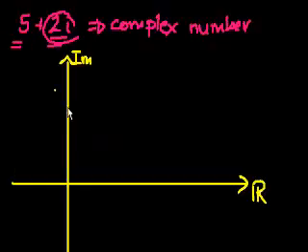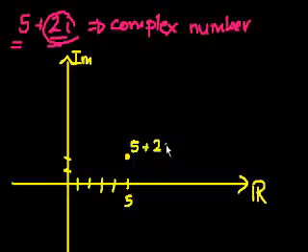And 5 plus 2i, well, its real part is 5, so 1, 2, 3, 4, 5, that's 5. And its imaginary part is 2i. So you go along the imaginary axis, or the i-axis, you could even say, 2. And then you would have this number here called 5 plus 2i.